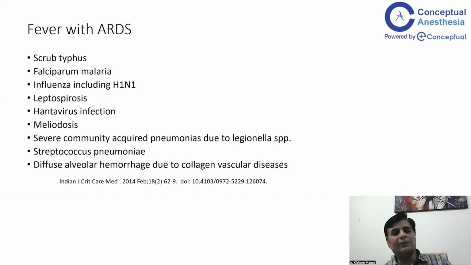If the patient is predominantly presenting to you with pulmonary symptoms, which is probably the most common type of presentation who comes to you in ICU, then the differential diagnoses are scrub typhus, falciparum malaria, influenza infection, that is a new thing, H1N1, leptospira, hantavirus, melioidosis, severe CAP, strep pneumonia, and do not forget diffuse alveolar hemorrhage due to collagen vascular disease.